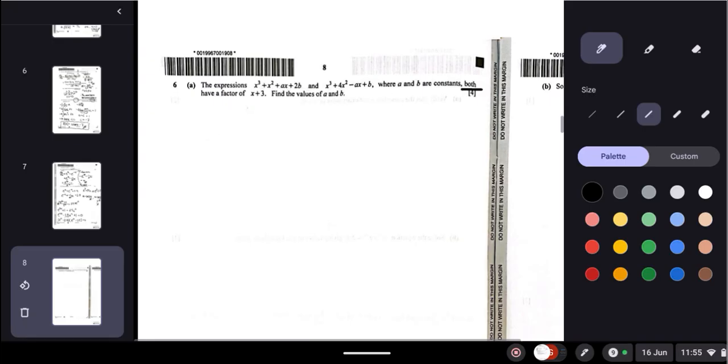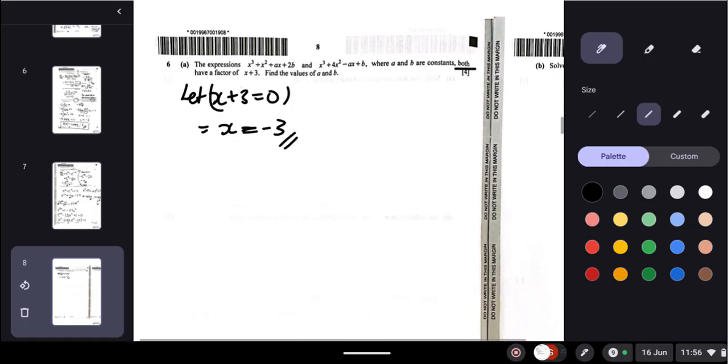You will not understand from the paper itself. So for me, I have no space, so I'll just write: let x plus 3 equal to 0, so let x equal to minus 3. This is the factor. Sub this into this and this to get your equations. Then, as usual, you do simultaneous equations and get your a and b.